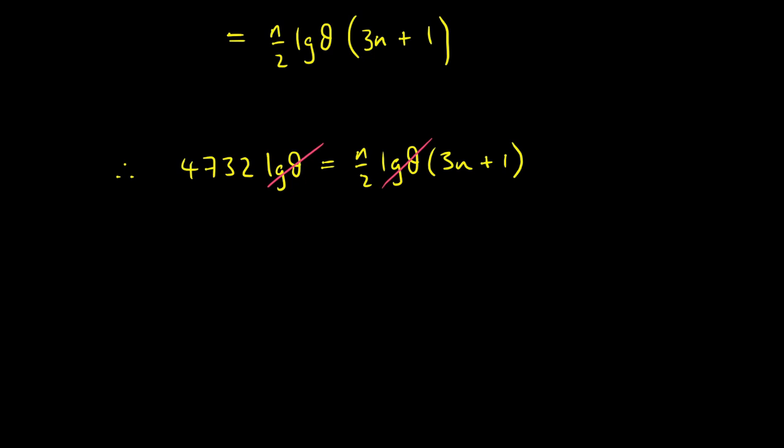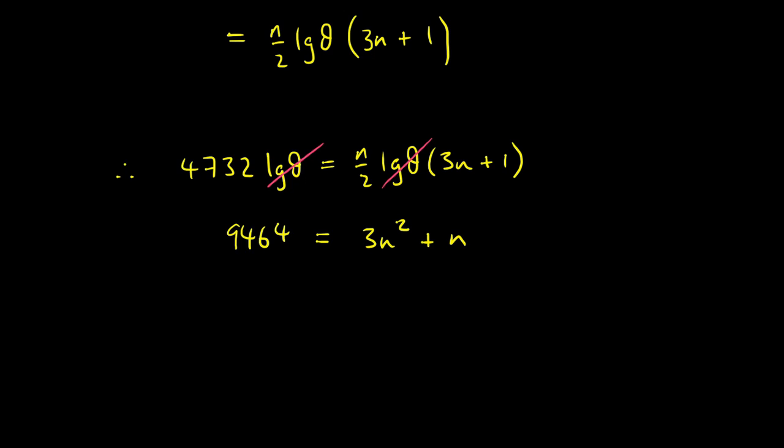I think I'll just get a calculator for that if you don't mind. So let me just open it up. 4732 times 2 is 9464. So we've got 9464 here is equal to, we'll expand this out, 3n squared plus n.